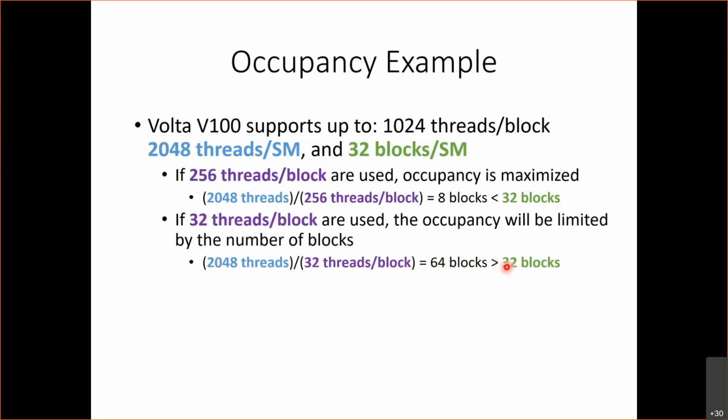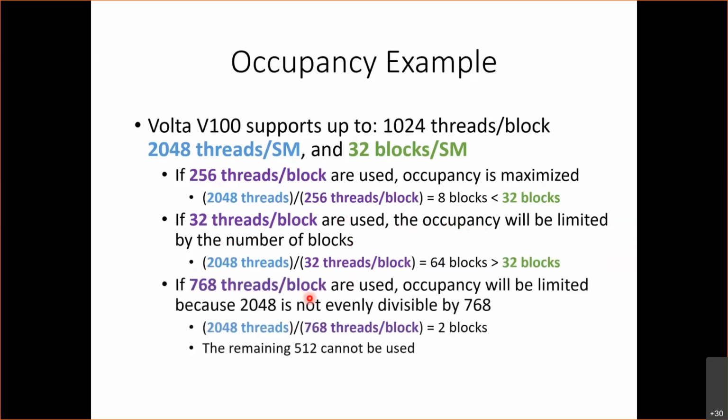So I can only have 32 blocks times 32 threads. That's 1,024 threads. I will not fully utilize the 2048 threads in the SM. So in this case, my occupancy will be limited, I will not have full occupancy of my SM, and because of that, my ability to hide latency is going to be worse.